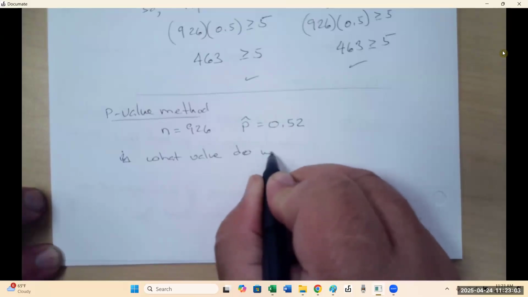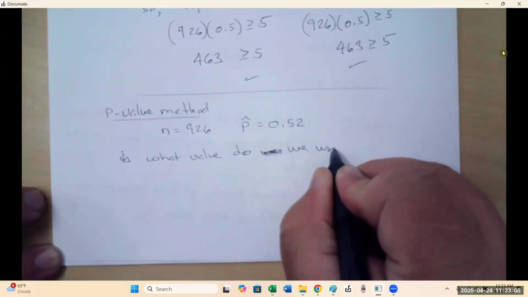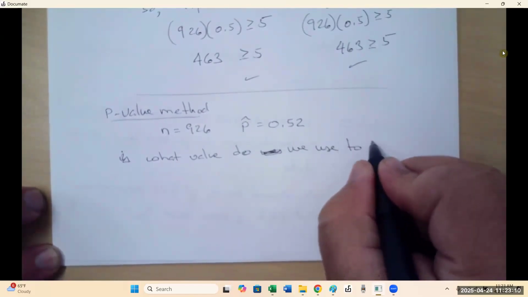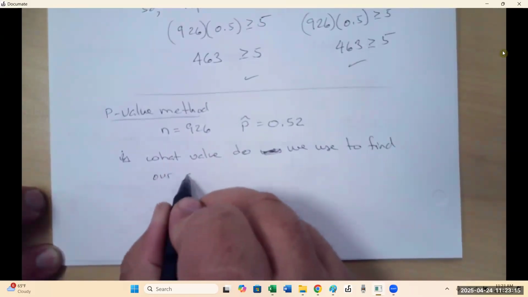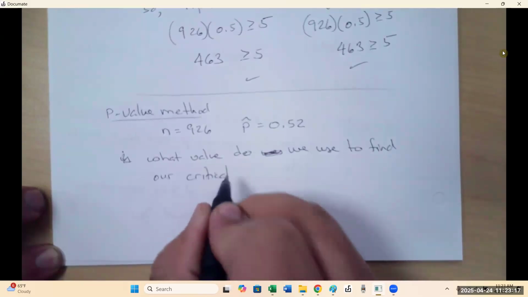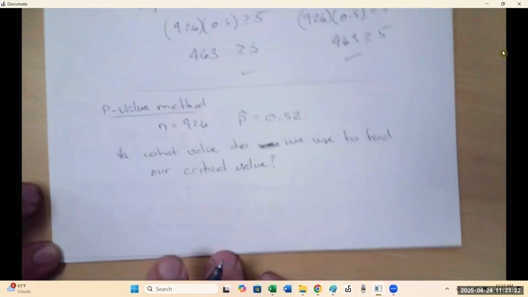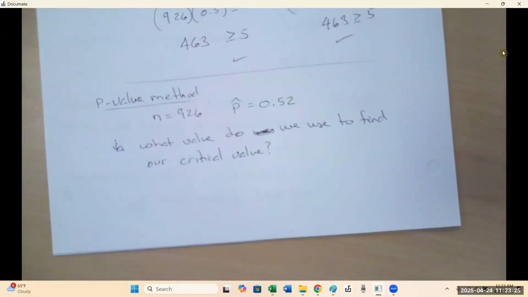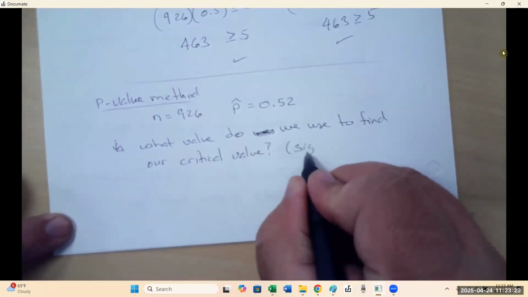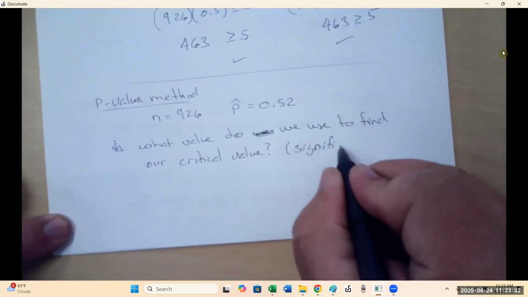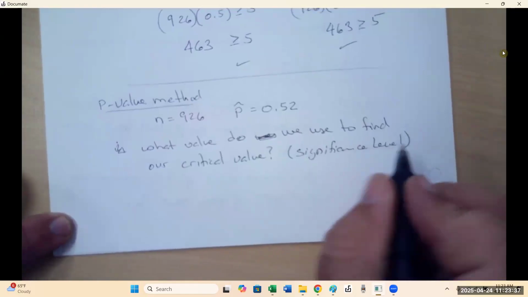What value do we use to find our critical value? In other words, we're looking for the significance level.